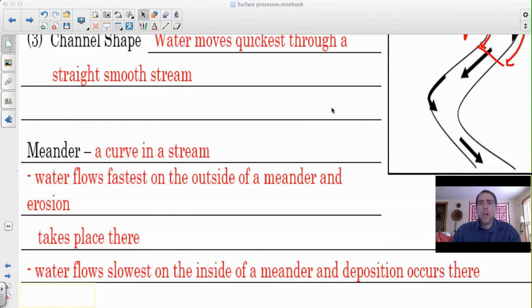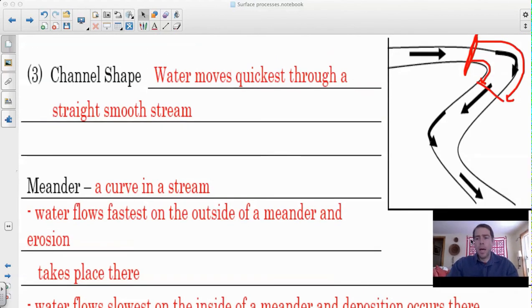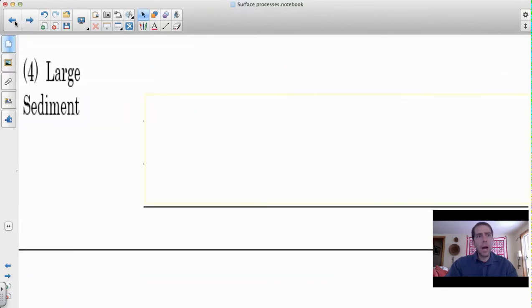But just try and remember that when we get into talking about the profile, or the shape, of the stream. So that's it for now.